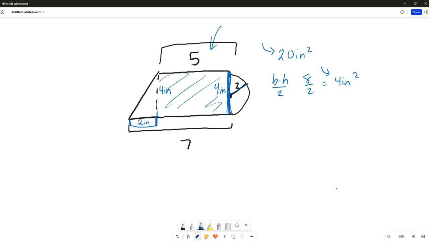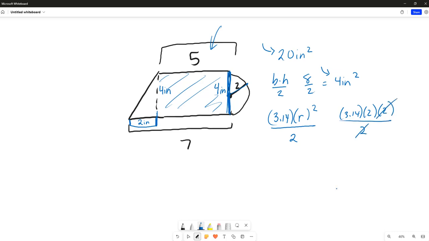Lastly, the semicircle. This is 3.14 times the radius squared divided by 2. So we're going to put 3.14 times 2 times 2 over 2.